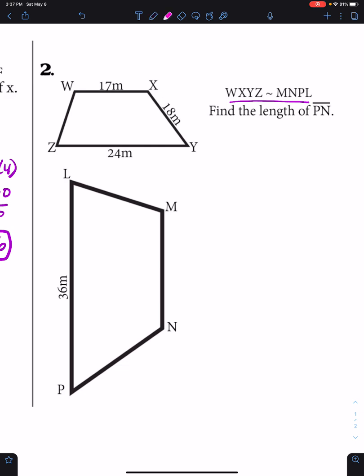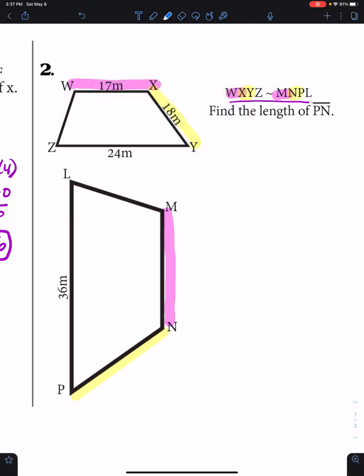I know that WX corresponds with MN because of where they're named in the shape, right? And I know that side XY, which are the middle two letters, corresponds with NP, because those are the two middle letters in the names.